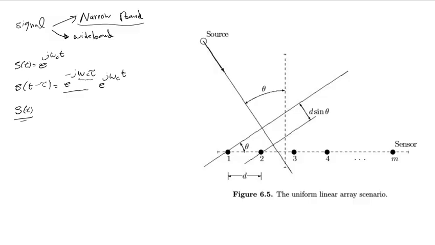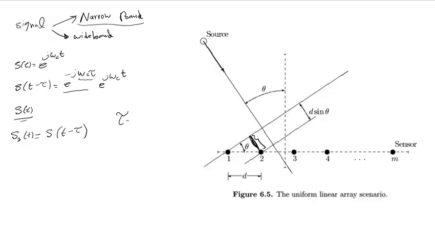So in an ideal condition, or in a calibrated scenario, when the channel is ideal, we have a time delay. When the wave comes from here to here, we have this length, so we have a delay. So the signal received at the second sensor equals s(t − τ).